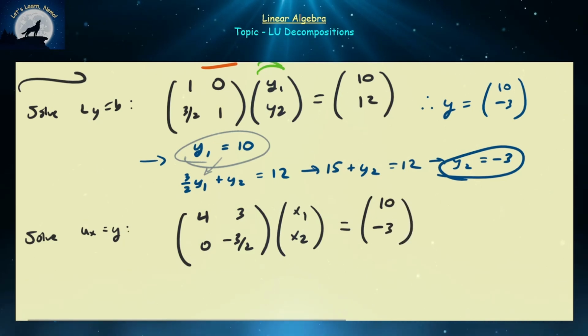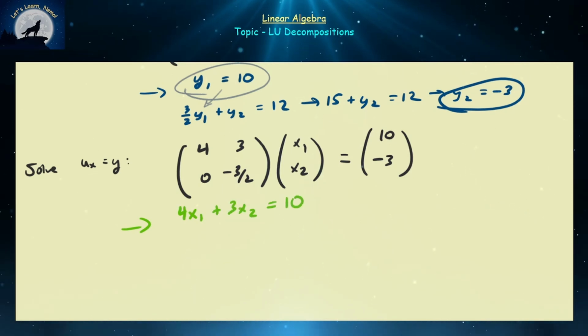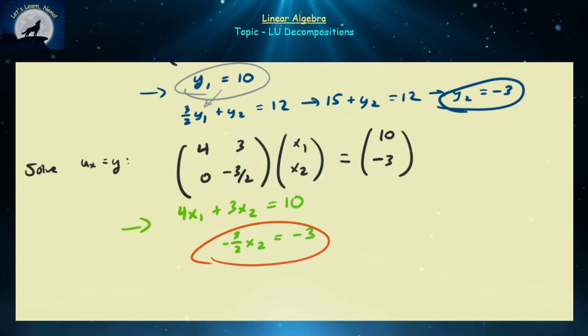So our goal is to solve this via back substitution, and then we are done. So if we write this in equation form, we have 4x1 plus 3x2 equal to 10. And on the last row, this is the easiest row, that's going to be minus 3/2 x2 equal to minus 3.